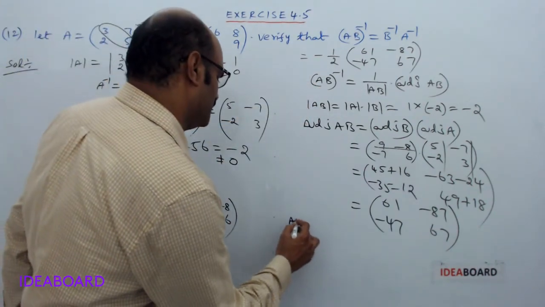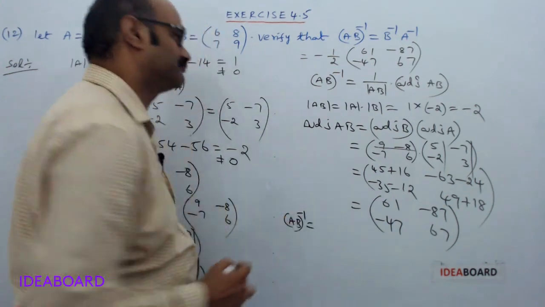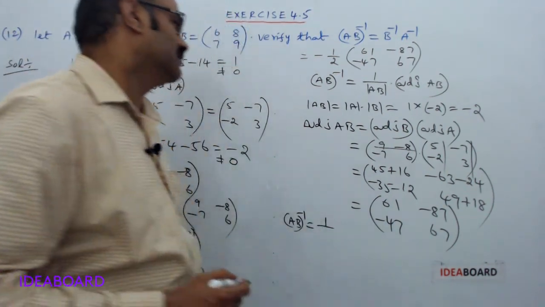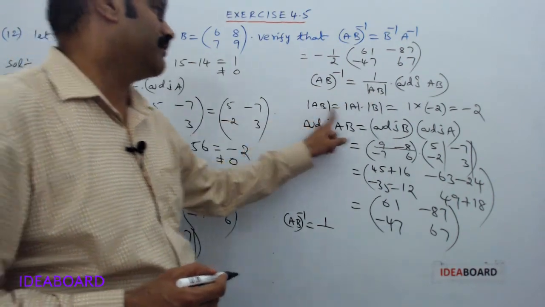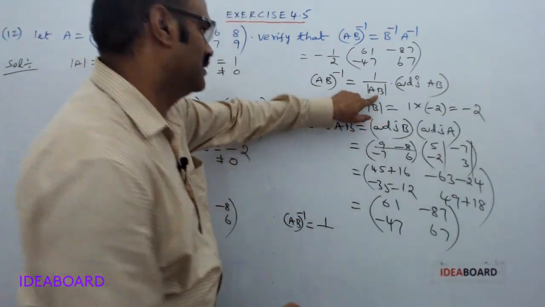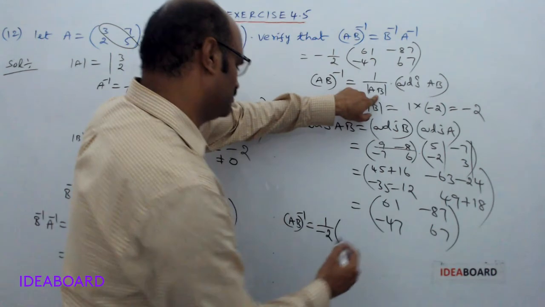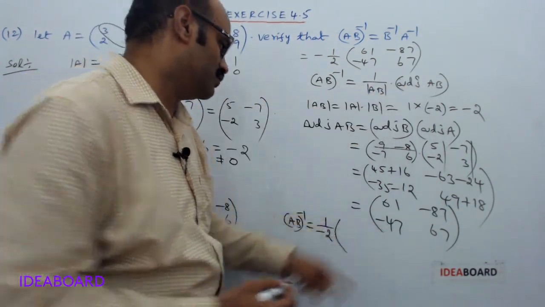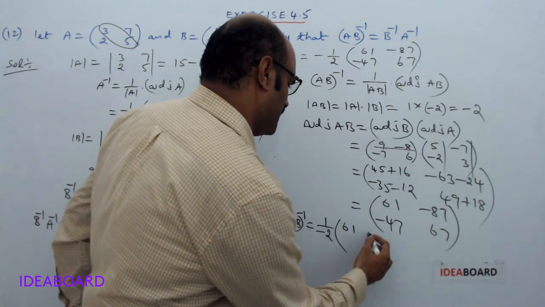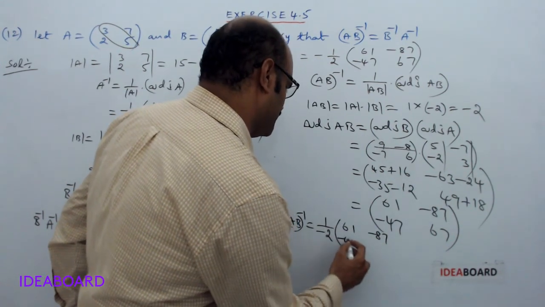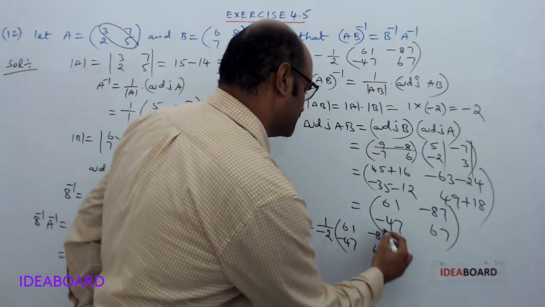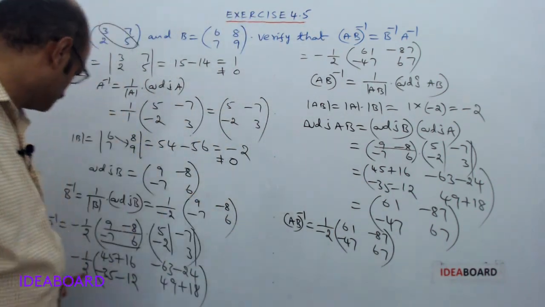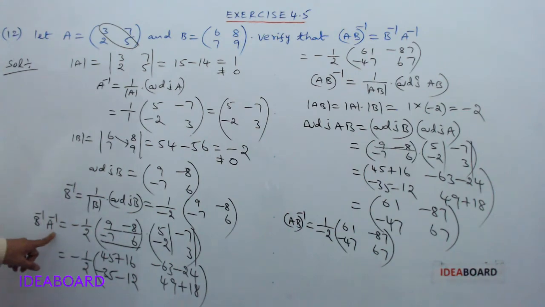Therefore AB whole inverse equal to 1 by det AB, equal to minus 2, det AB equal to minus 2, into adjoint of AB equal to 61, minus 87, minus 47, 67, which is equal to B inverse into A inverse.